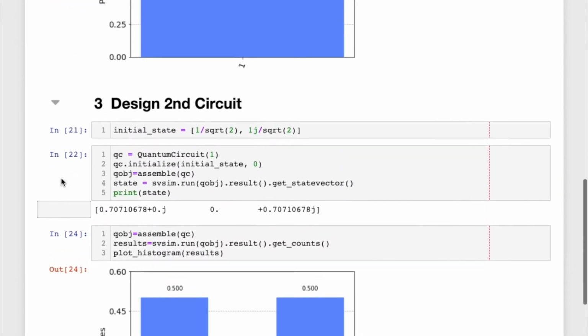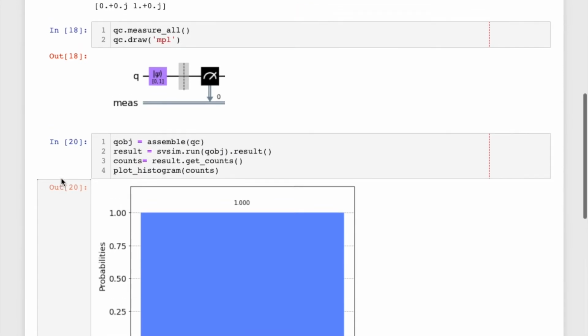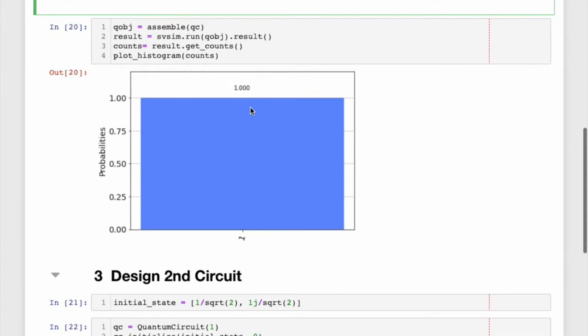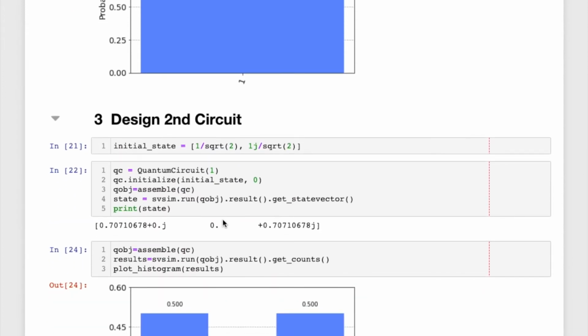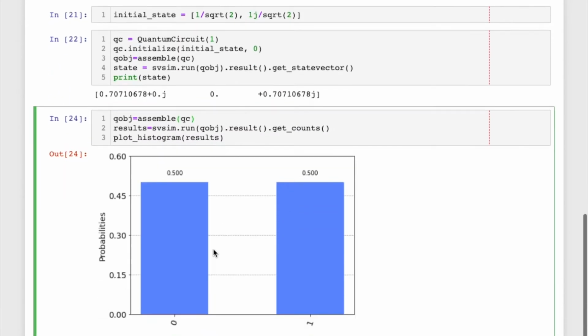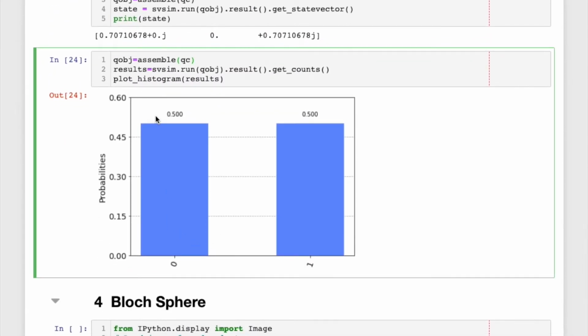We can measure after the out state, and we will get 0.5 and 0.5. So this is basically the probabilities. Once you decide, you will get 0.5, 0.5, and the sum of these two blue columns should be 1.